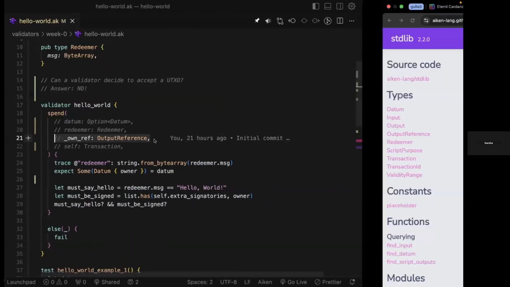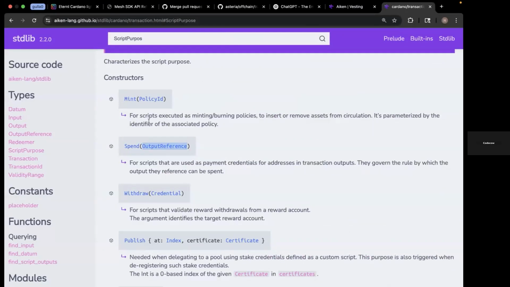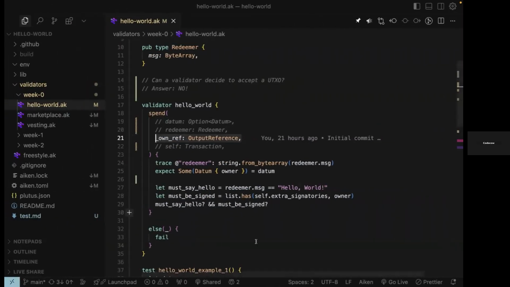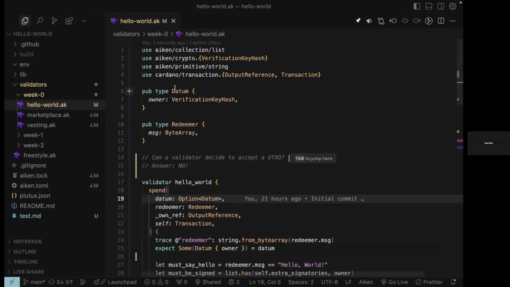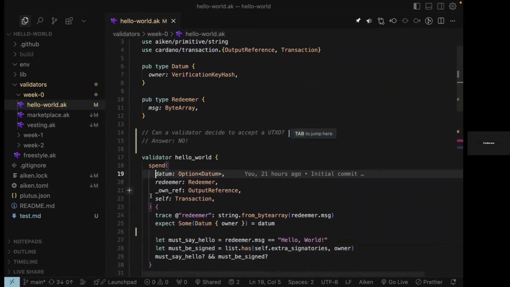Same with self transaction, because if you don't have a transaction, then you're not doing anything. And the redeemer and the datum, I agree, you don't need them. These are being self-defined, right?